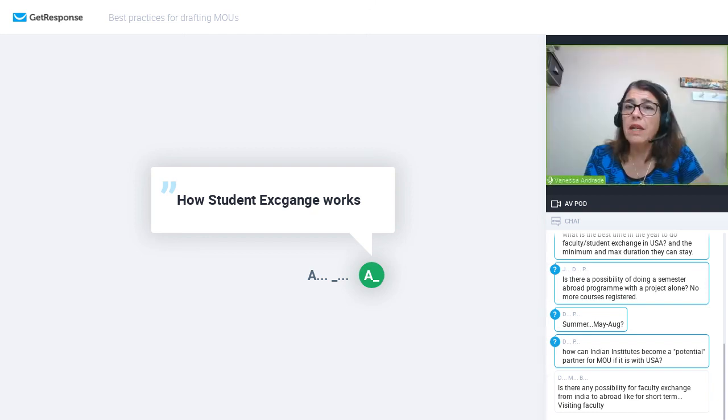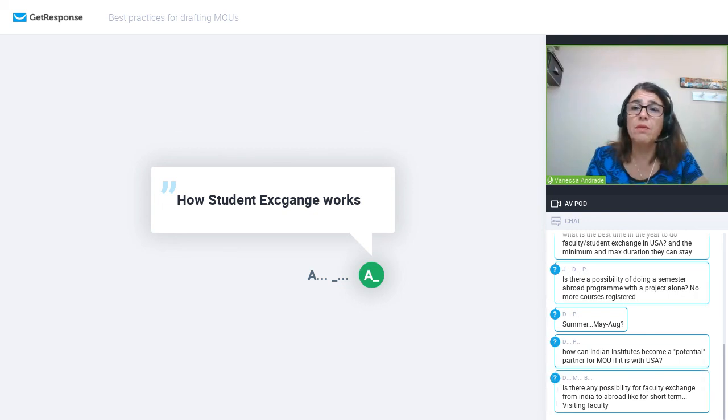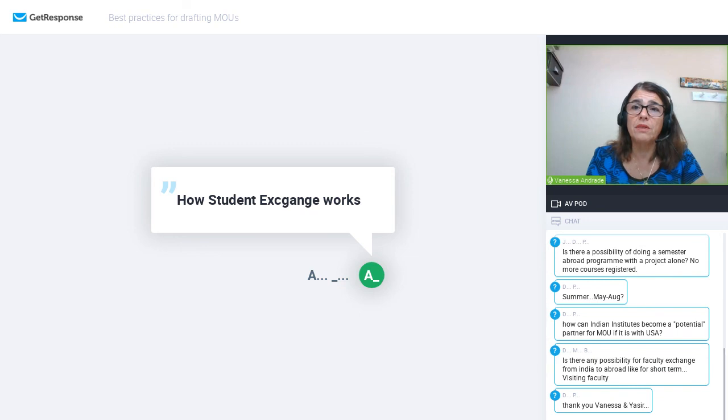It has two ways of working. So a student exchange program can work basically on the interest of the internationalization on both campuses. Let's say an Indian institution wants to develop a partnership with a US institution.